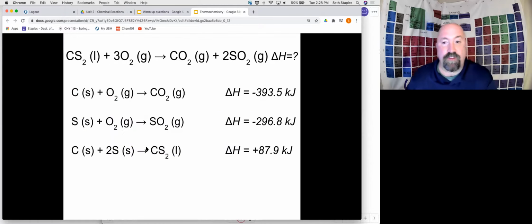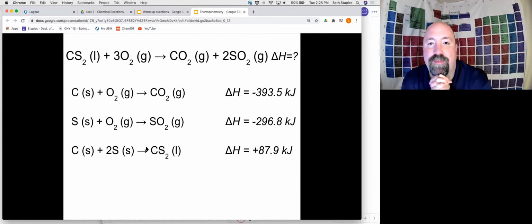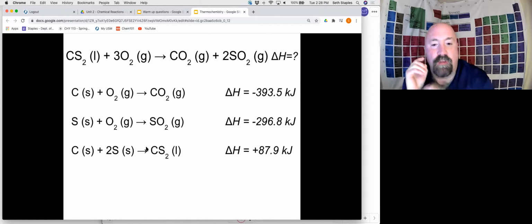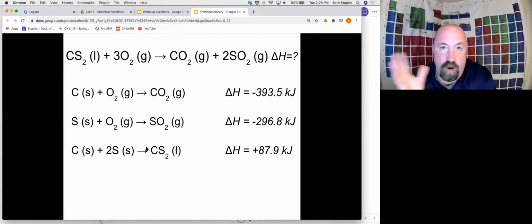Here are several to try on your own. Now, what I've done with these is you've got the problem here. You've got your target equation on the top, and you have the enthalpies of the various equations that we're going to use. And so apply that same process. What you want to do is go through and manipulate the equations however you need to, so that the products you're looking for are on the product side, the reactants you're looking for are on the reactant side, and everything else cancels out.